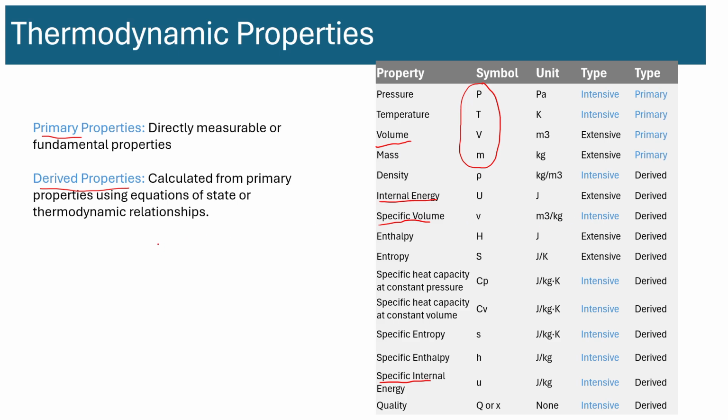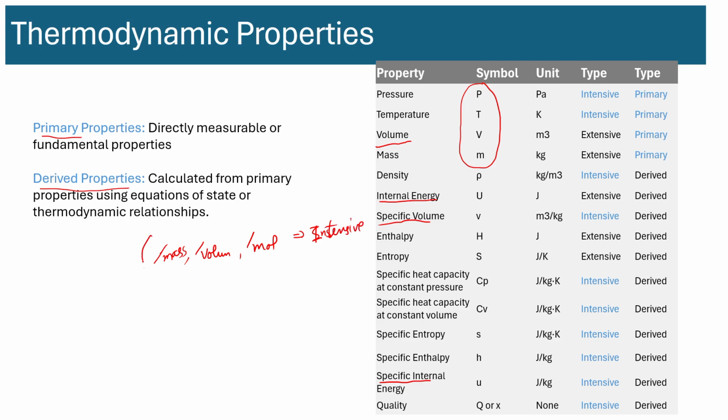So if you are dividing some property and estimating it per mass, or per volume, or per mole, then those properties become specific, intensive, okay.